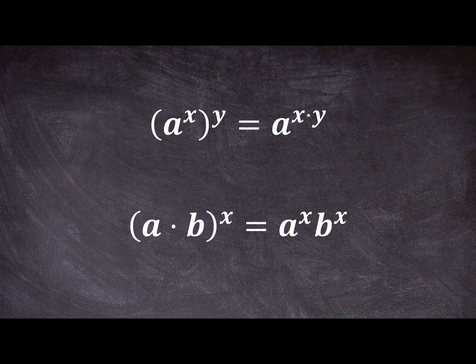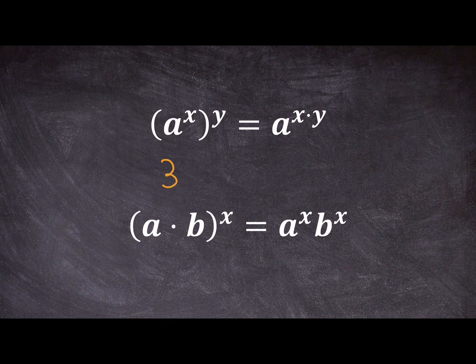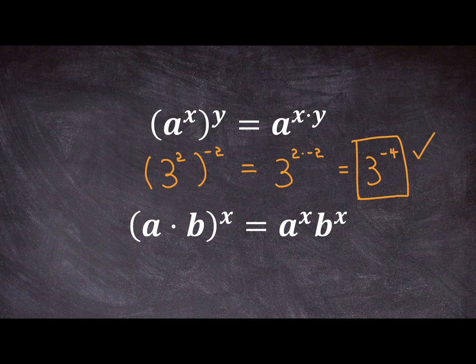So that is why when we had 3 to the power of 2 to the power of negative 2, we ended up with 3 to the power of 2 times negative 2, which is equal to 3 to the power of negative 4. So that was the final answer.